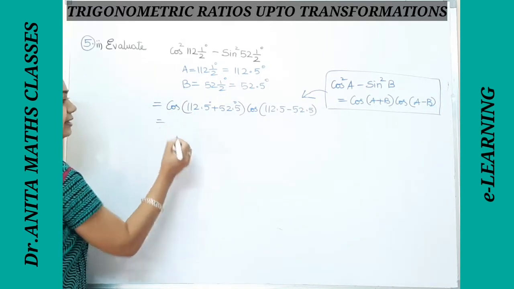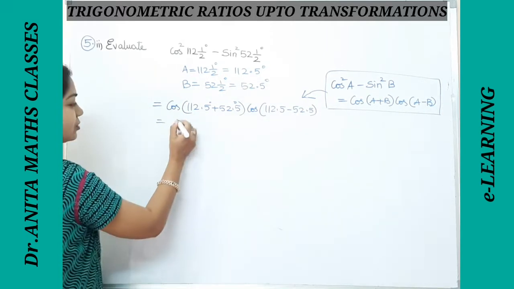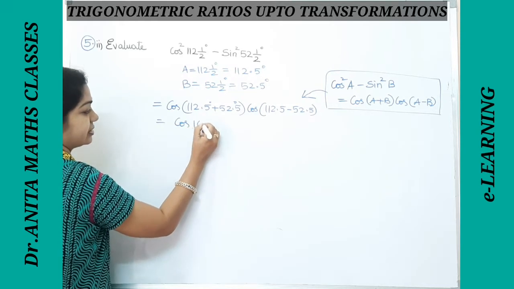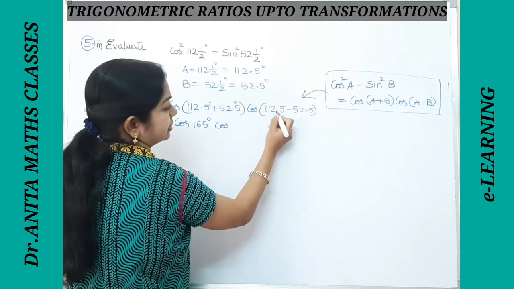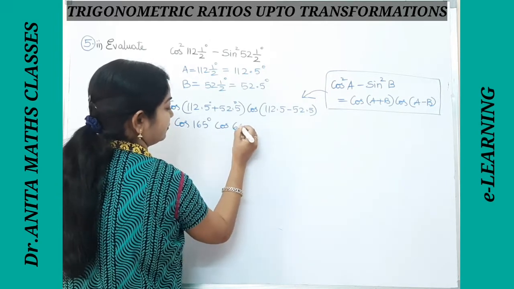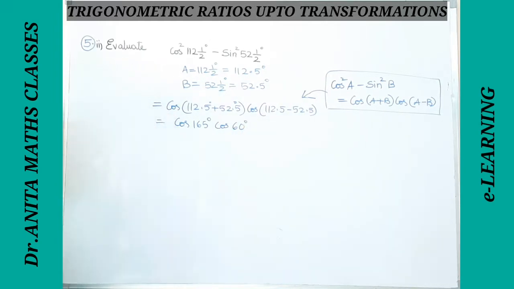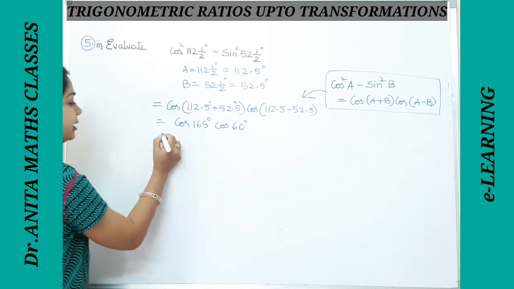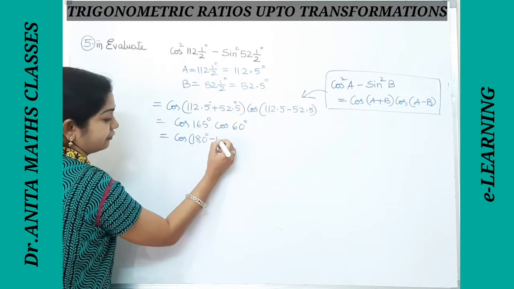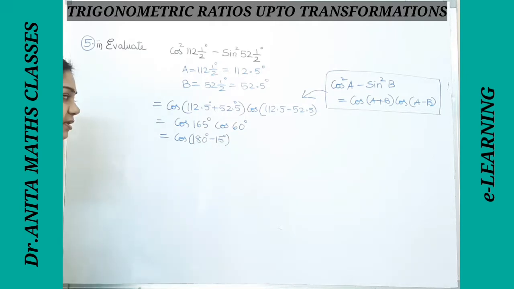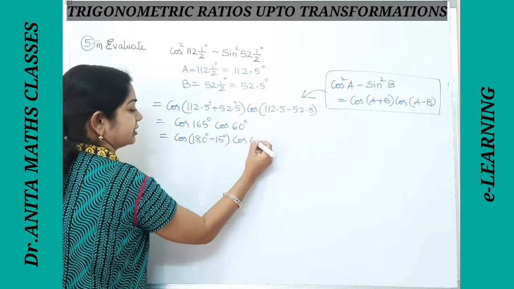So if you add this, you get cos of 165 degrees, right? Here if you subtract this, you get 112.5 minus 52.5, so you get cos 60 degrees. Now here cos 165 degrees, again I can write it as cos of 180 minus 15 degrees, right? And cos of 60 degrees, we can write this.